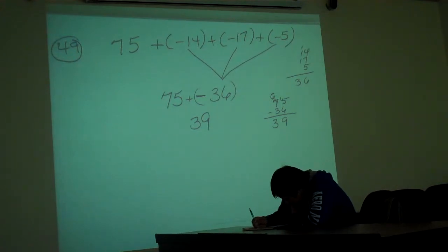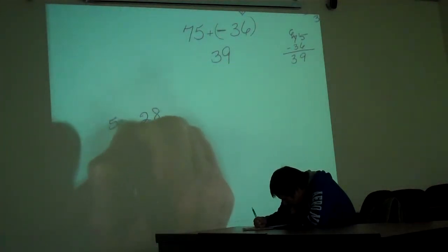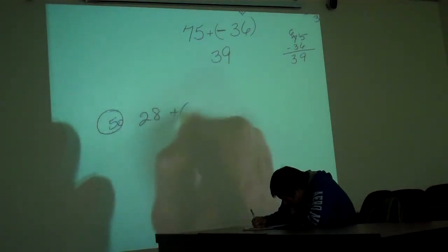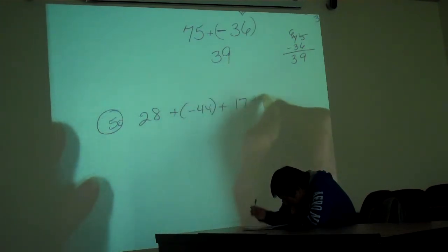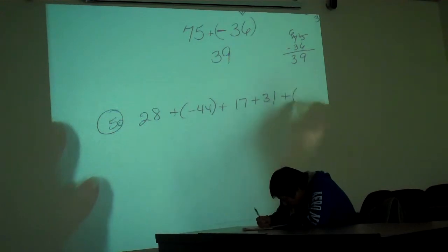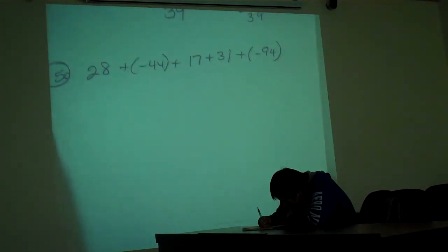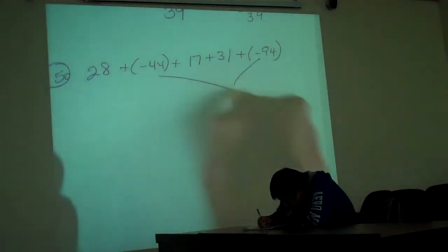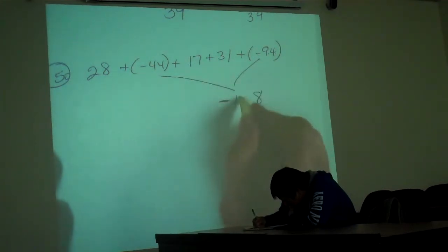Like on number 50, you have 28 plus a negative 44 plus 17 plus 31 plus negative 94. Okay, add up all the bills. You have two negatives there to add up. 4 and 4 is 8, 9 and 4 is 13.